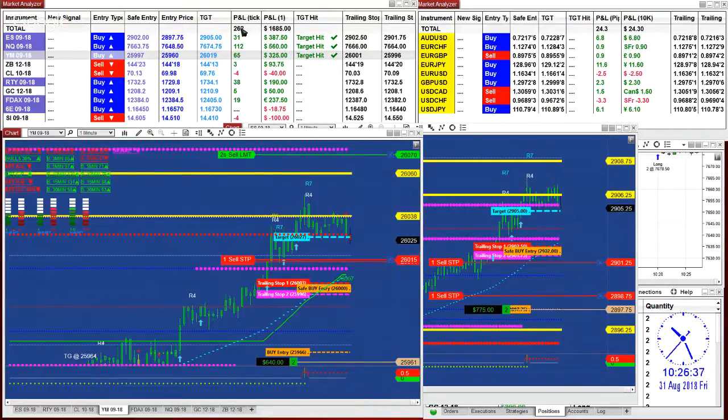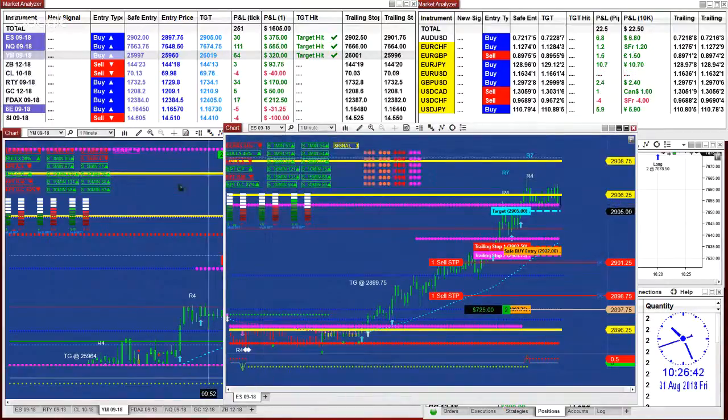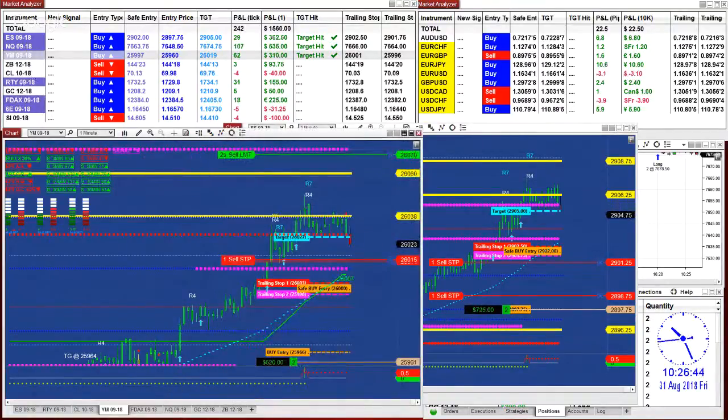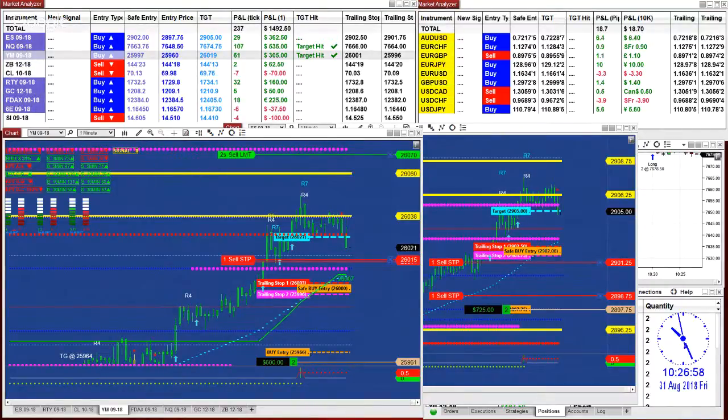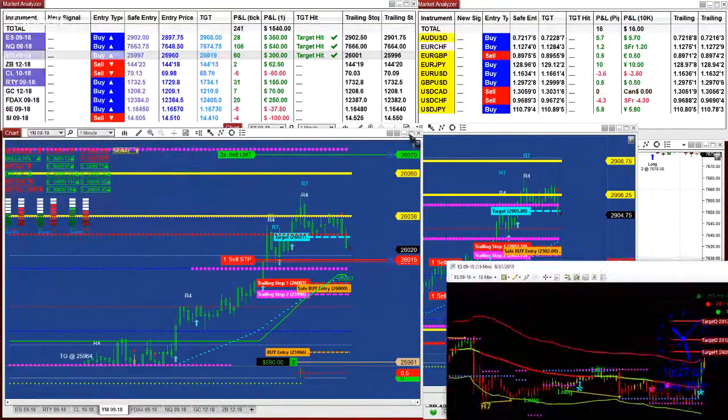You can see there is selling coming in, profit taking. I don't like that. On those charts, you don't need to do it on 15 minutes.